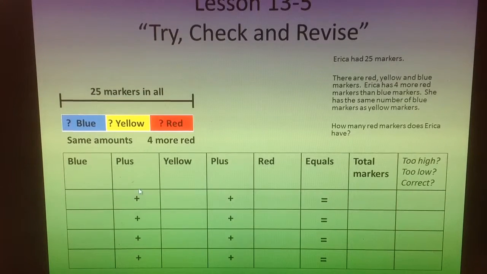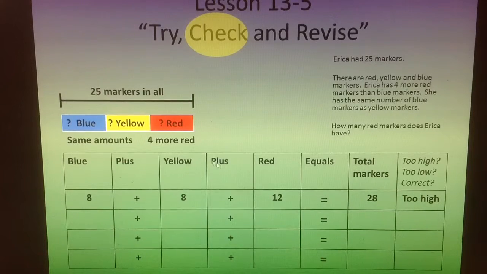Blue and yellow are the same, so I'll put the same number here, and for red I'll add 4 to 8, so that would be 12. Start with 8, add 8 again, add 12, and you've got your total. 8 plus 8 plus 12 equals 28.